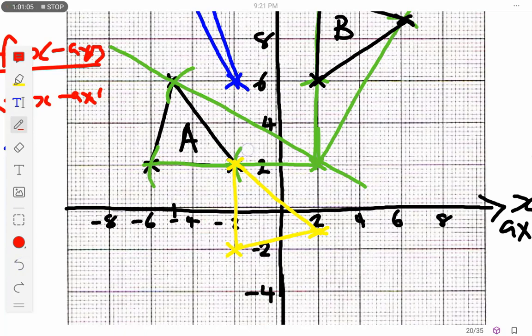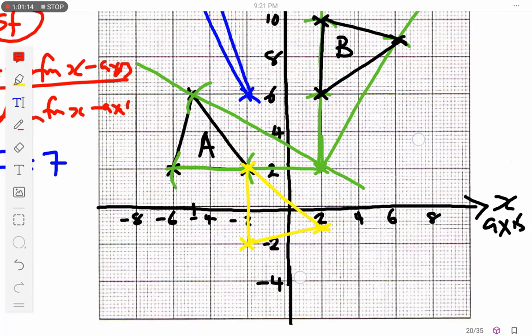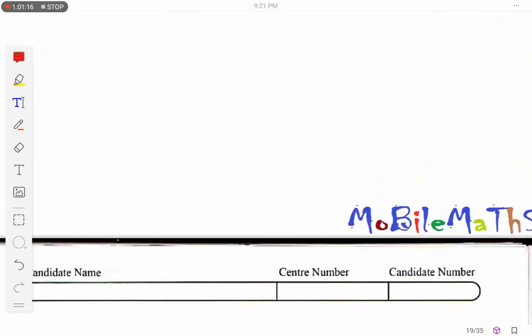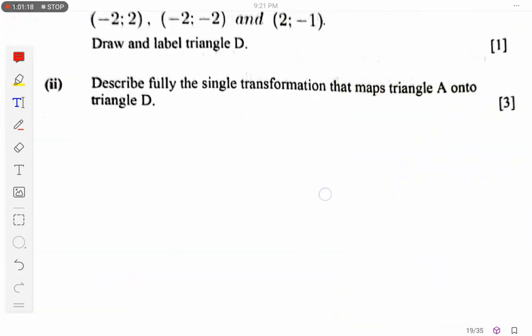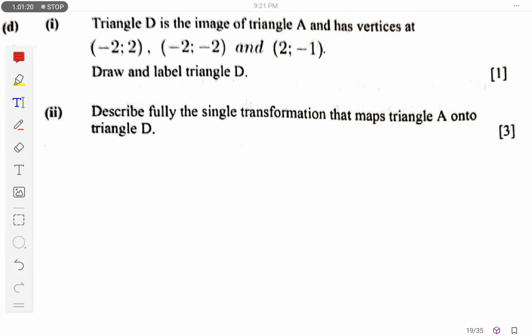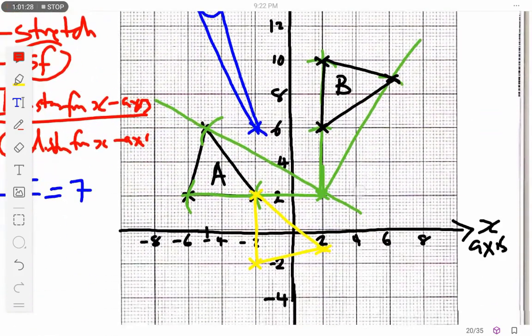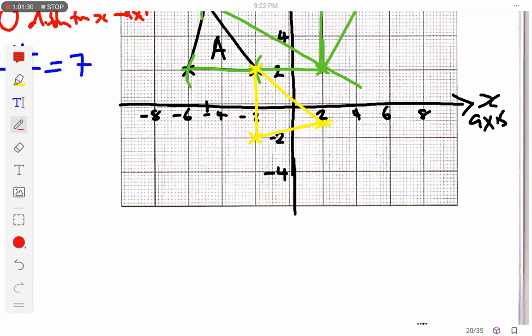So guys, this is a reflection. I'm sure we are going to be asked to describe fully. Yes, I just rushed to that part: describe fully the single transformation that maps triangle A onto triangle D. So this is a reflection. So we can say it is a reflection.